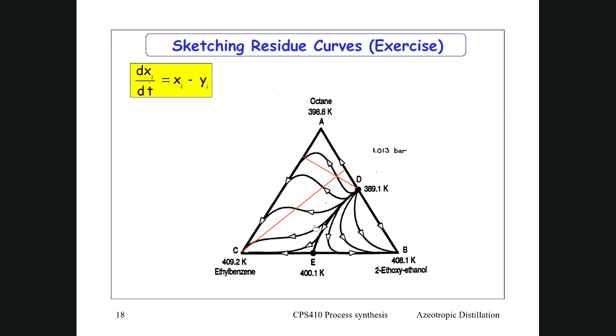If you want to fill this space with residue curves, there's pretty much only one way of doing it, and that's pretty much what's shown. And once you've drawn all of the residue curves in and you've got a given feed, you can immediately see what is possible as a distillate, and the other side of that column, the bottoms of that column would look like C.